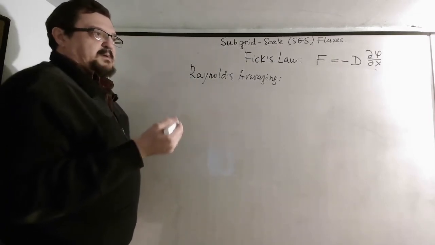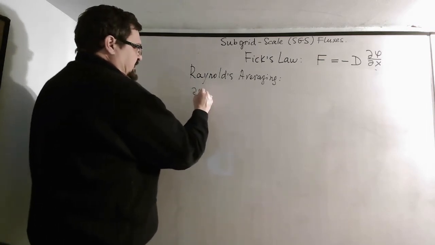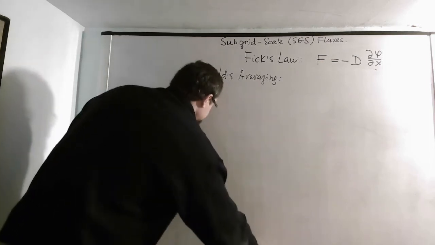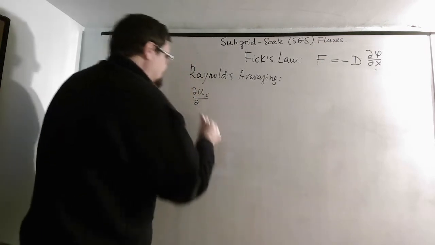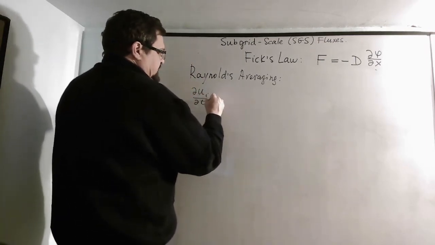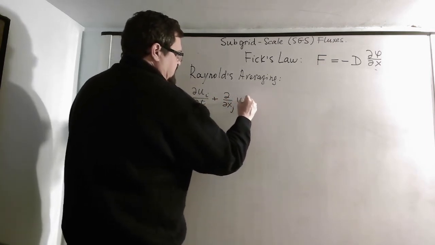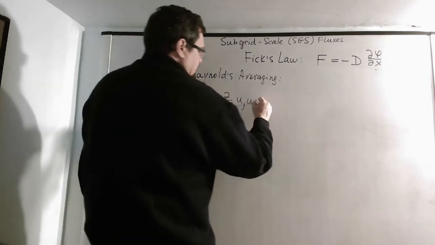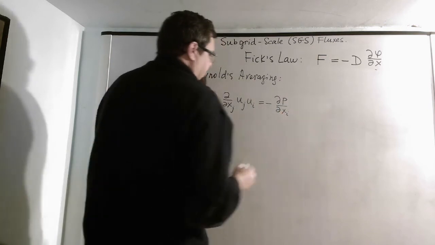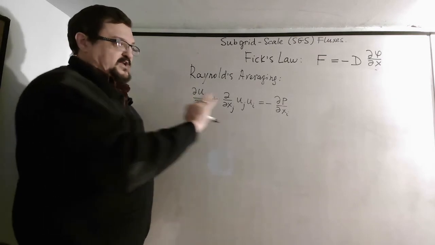If we write our momentum equations in flux form, we will have the following: du_i/dt. Again, we consider an incompressible fluid, so rho is equal to 1, plus d/dx_j of u_j u_i equals minus dp/dx_i, plus molecular diffusion, which for now let's ignore.